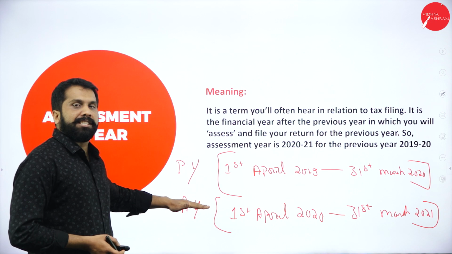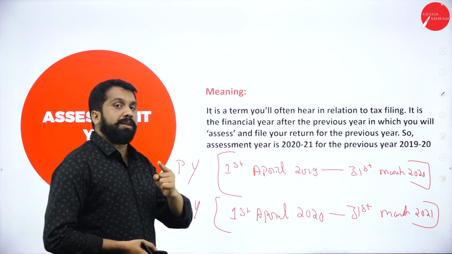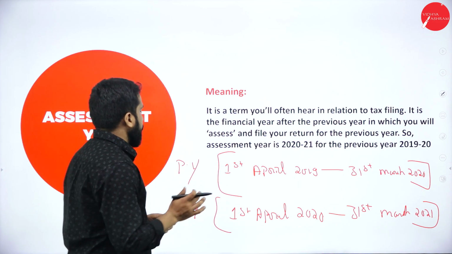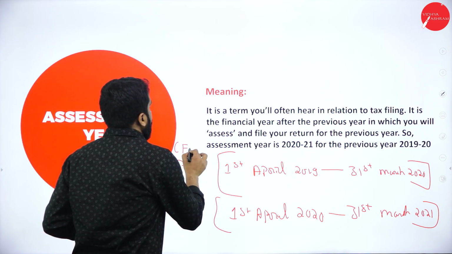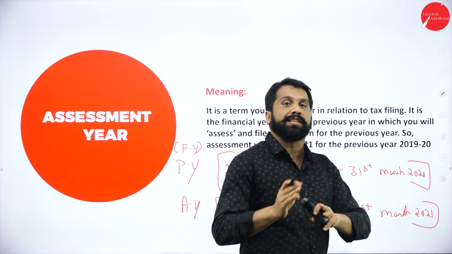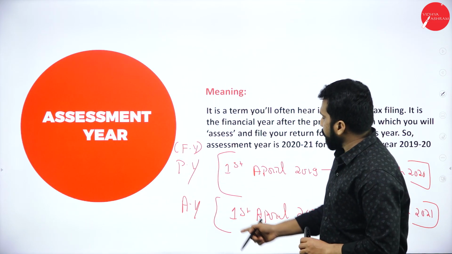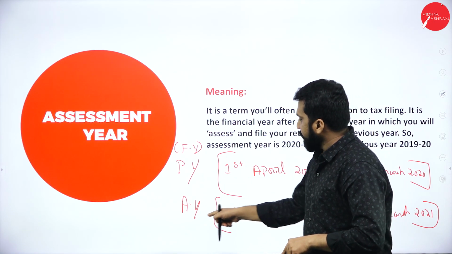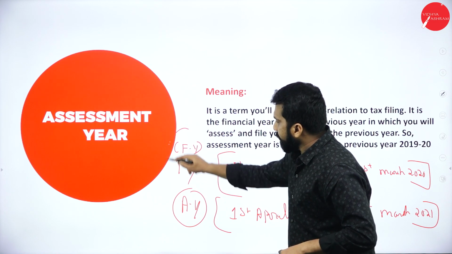This is your assessment year. And one more name we have for previous year. What is that? Remember, financial year. Financial year and previous year are both the same. Assessment year is at present, when we calculate our tax, that is called assessment year.